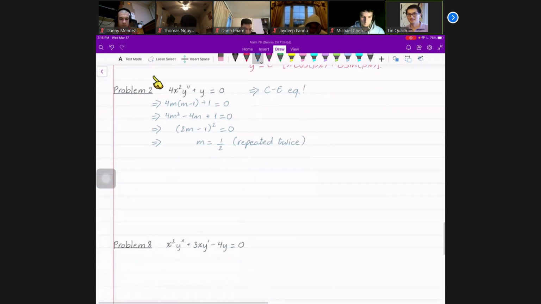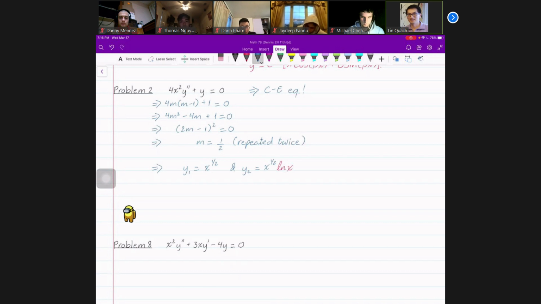Because it is a Cauchy Euler equation, you know that y1 is going to be x to the 1/2. And the root repeats twice, so the second one is going to be x to the 1/2 times ln of x.